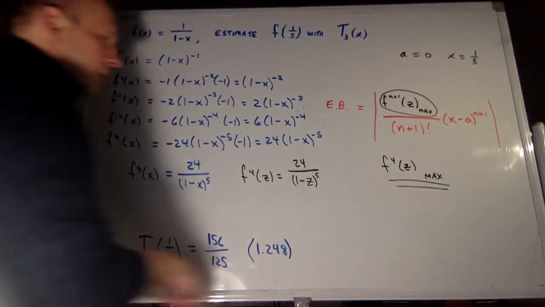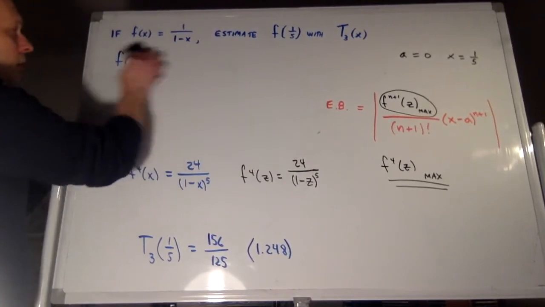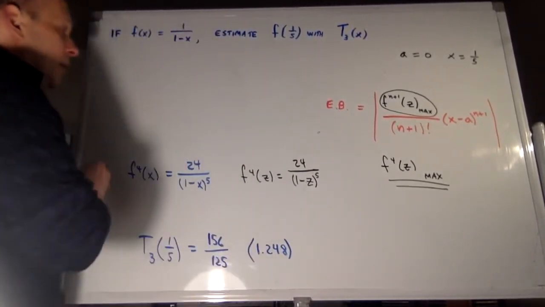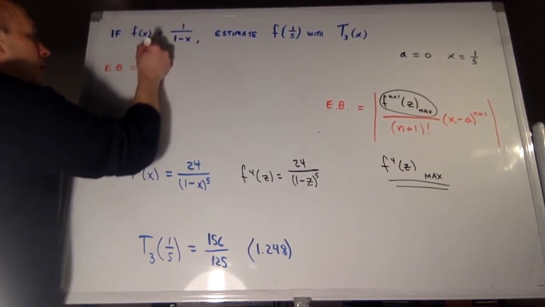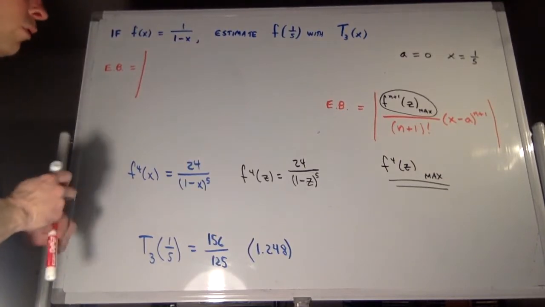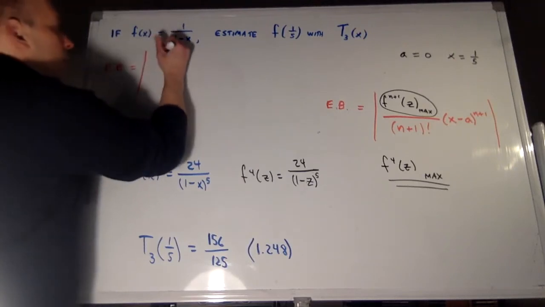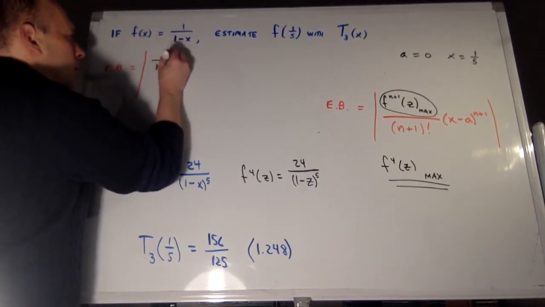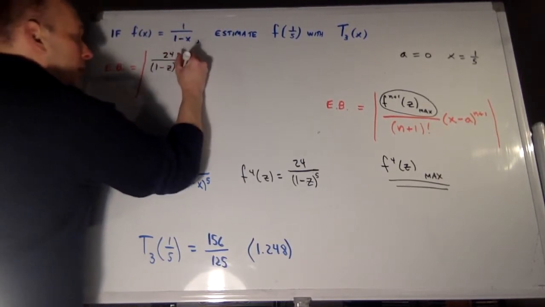Okay, let's see where we can go from here. All right, so we're looking for this error bound. And it's going to be the absolute value of, okay, now we know we're looking at the fourth derivative at z, the maximum of that, right? So it's really 24 over 1 minus z to the fifth, but it's the maximum of that.